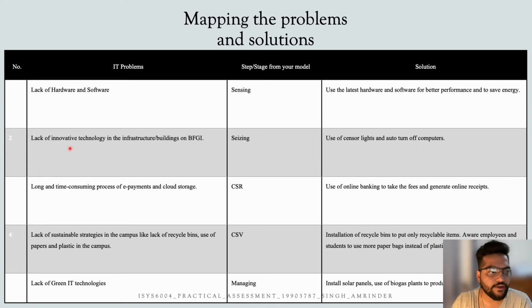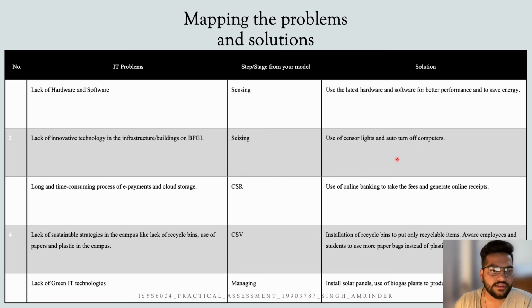The next one is lack of innovative technology in the infrastructure or the buildings of the institute. I also found this problem by using the TEAS model stages.